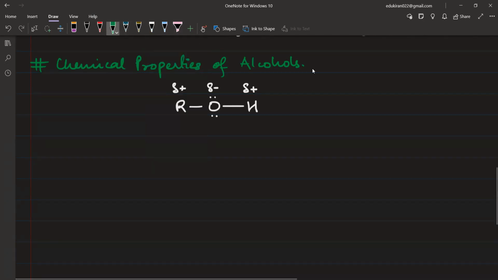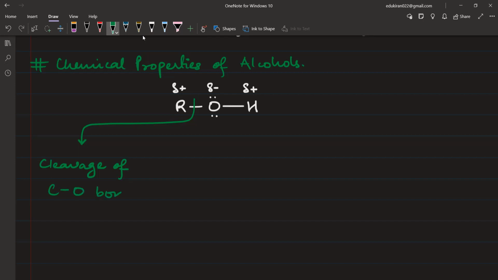Some types of reaction will show cleavage of CO bond. Okay, when this bond is going to break, then we will be looking at cleavage of carbon oxygen bond. And if you are going to have cleavage of this bond, that is OH bond, then we classify those reactions under the label of cleavage of OH bond.